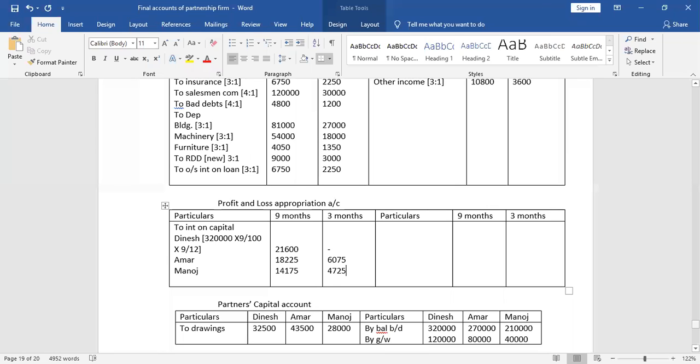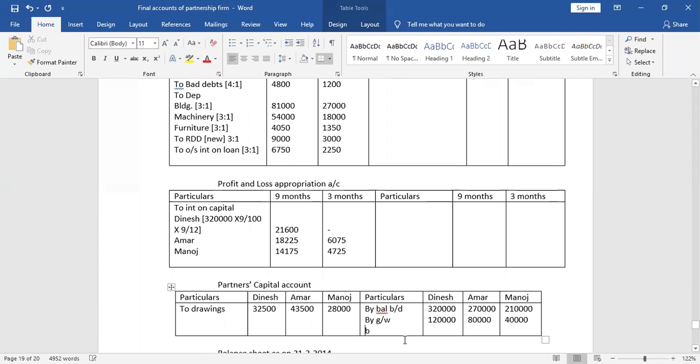हो गया ये. इसका दूसरा इफेक्ट we have to give by interest on capital. How much is the amount? 21,600. बाकी दोनों को ऐड करो. How much you are getting? 24,300 and मनोज का भी दोनों ऐड करो.